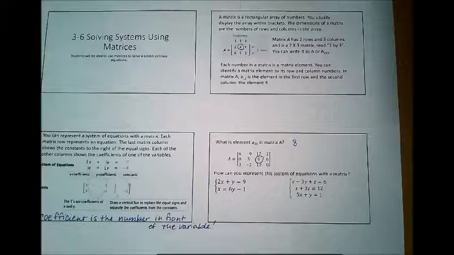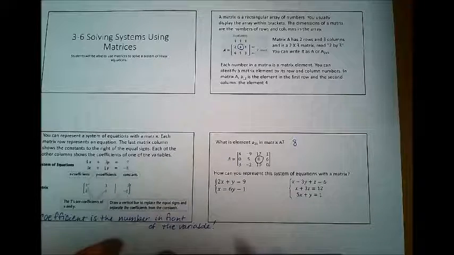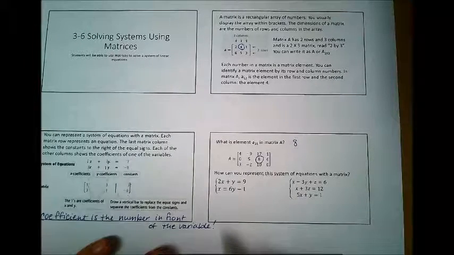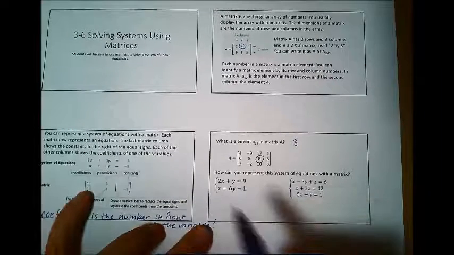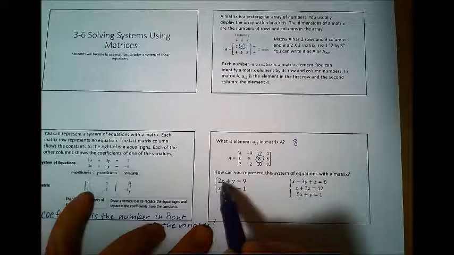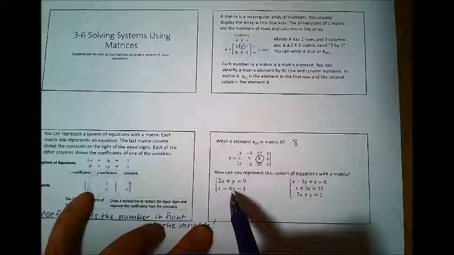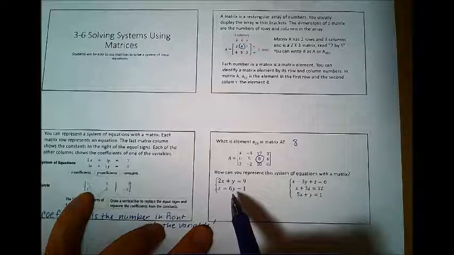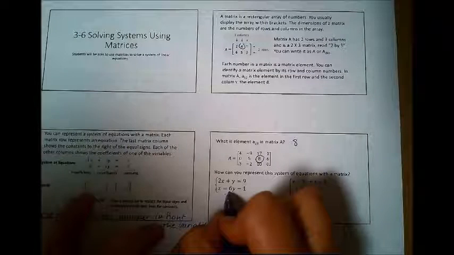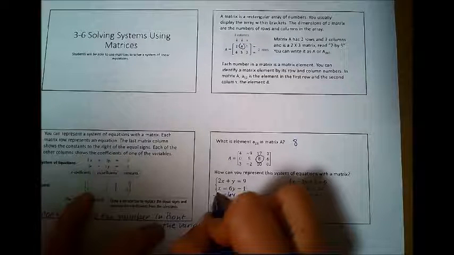Now we're going to get a little funny because we're going to start putting these elements in matrices. In order to do that, your x's and your y's have to be on the same side of the equal sign. So this equation here doesn't work. We need to subtract 6y from both sides.